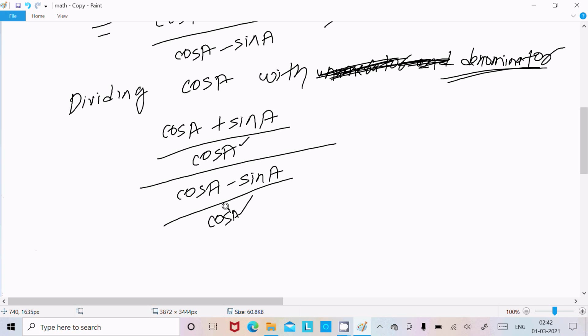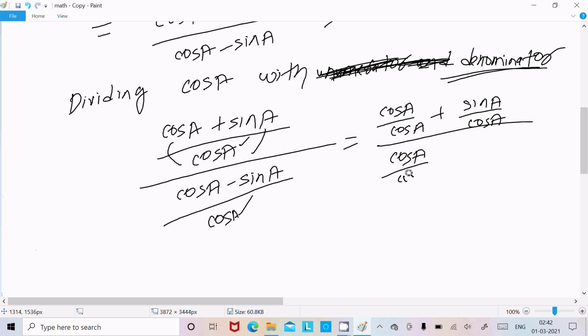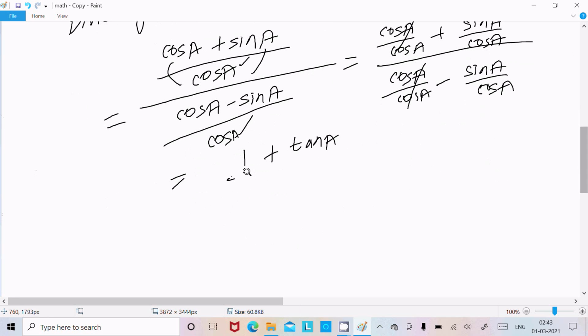Now after making the relationship with cos a, here we have sin a over cos a, and the same thing in the denominator. So cos a cancels, that returns 1 plus sin divided by cos, that is tan a, and here we can write 1 minus tan a. Now tan π/4, the value is 1, tan 45 degrees is 1.